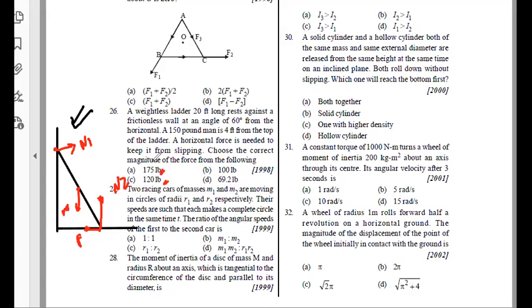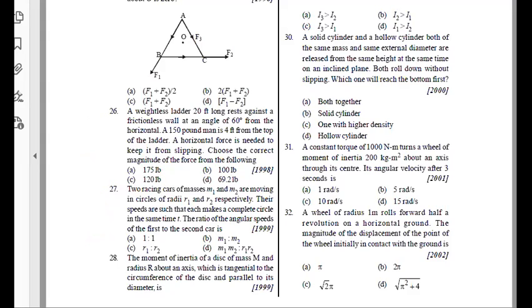The answer is in pounds. Okay, you don't have to do anything. Just balance the torque because of friction and this. Clear? Balance W and the other force. Everyone clear?